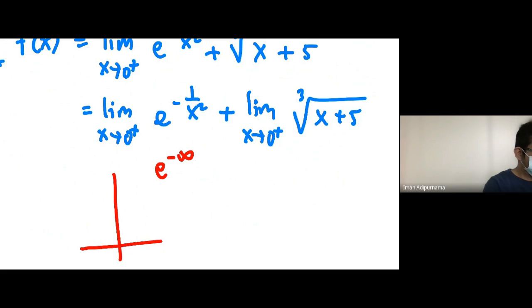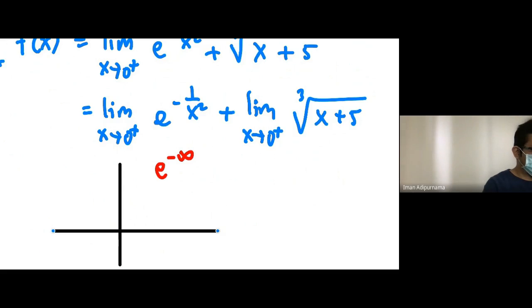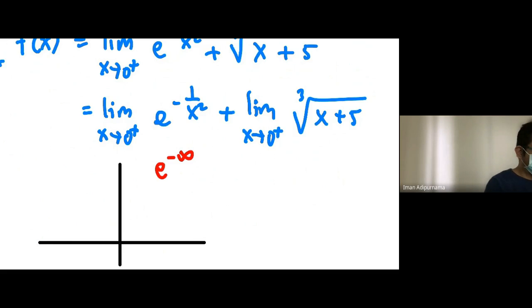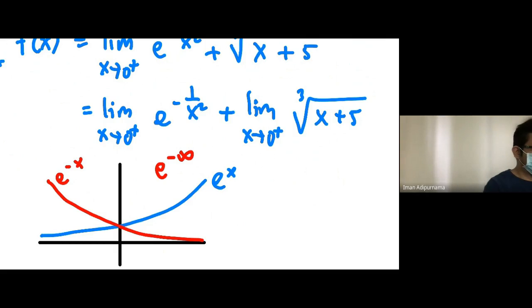I think it's better to just draw this. This is e to the x, right? And this will be e to the negative x. If we have negative infinity here, it approaches 0, right? Or if we look at negative x approaching infinity, it is going here, right? Yeah, both are going to 0. So this part will be 0.